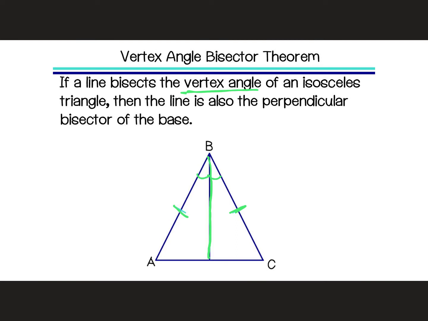Then this line would also be a perpendicular bisector of the base. The box tells me the perpendicular piece, and the bisector is what those two congruent lines are, showing that each of these would have the same length.